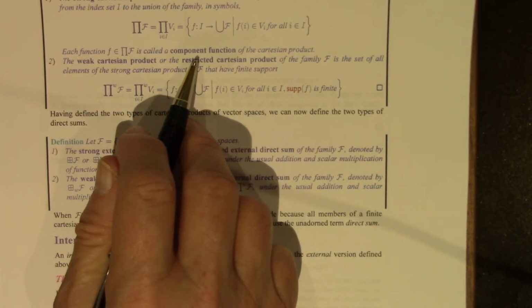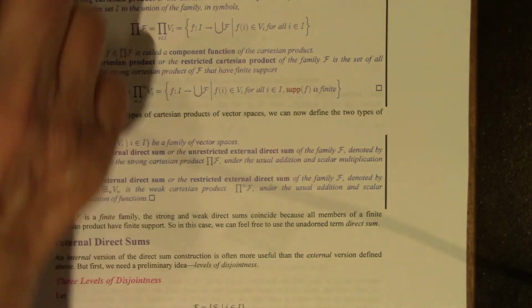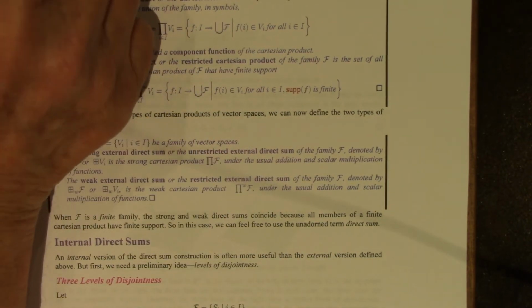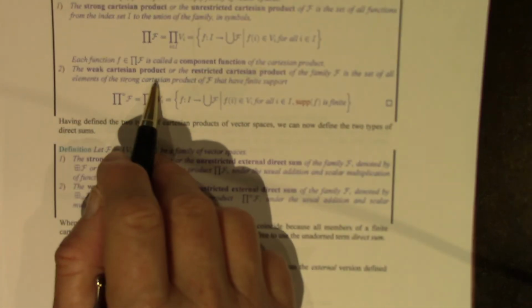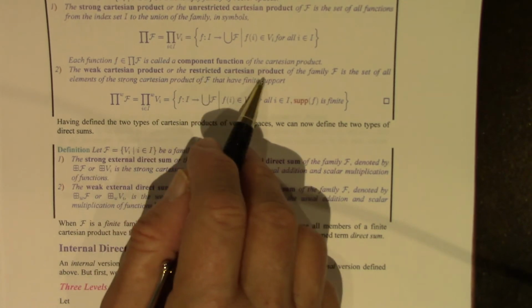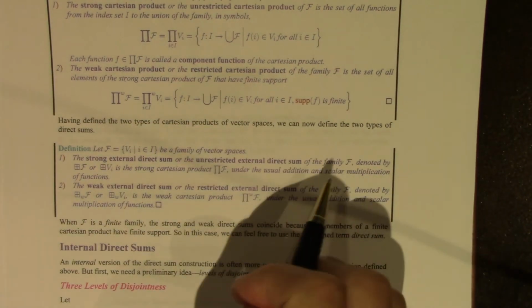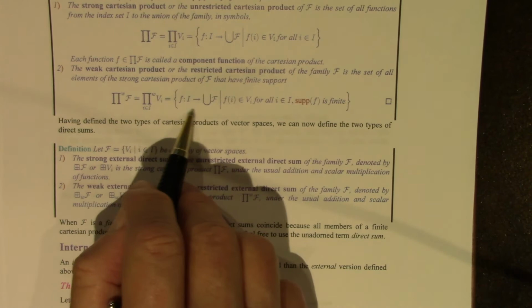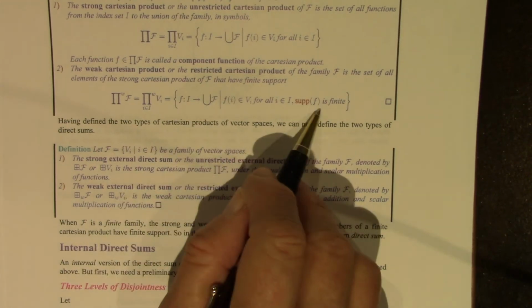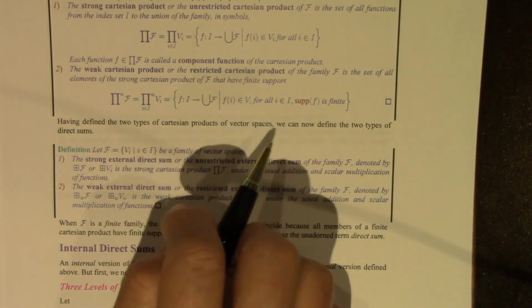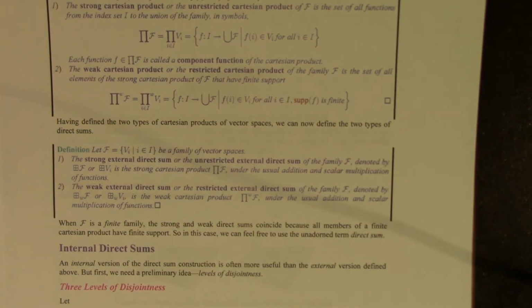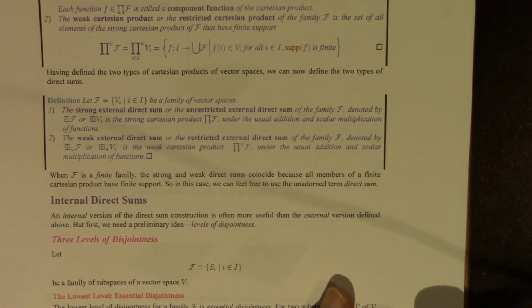But because we are dealing with vector spaces, and because vector spaces have a zero vector, we can define the weak Cartesian product, also known as the restricted Cartesian product, simply to be the set of all component functions that have finite support. This is exactly the same as what we did for infinite sequences when you look at them as functions.